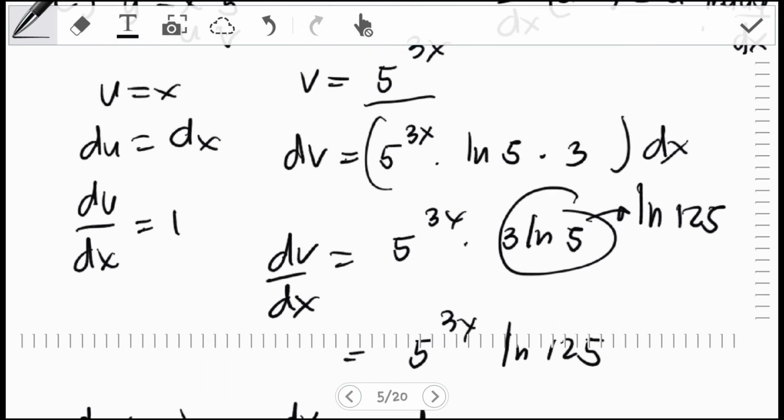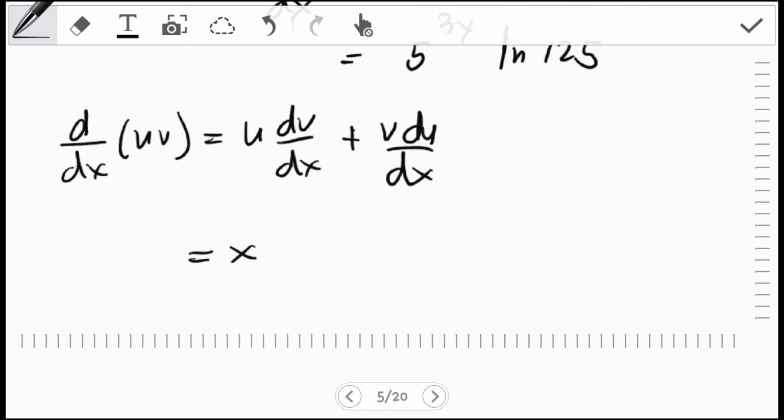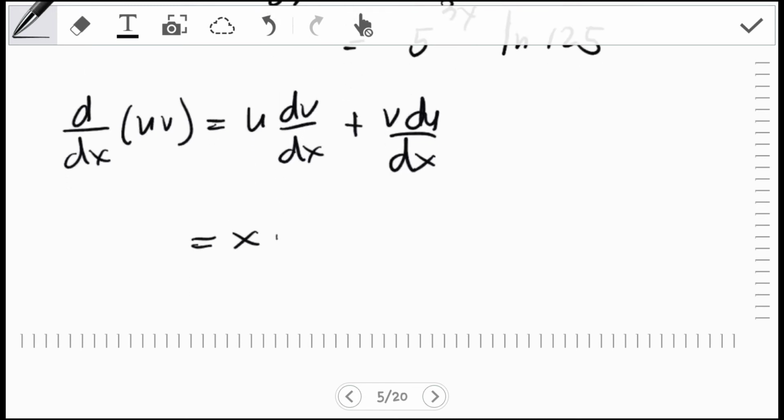So where u is x, then dv over dx is 5 to the power 3x ln 125, plus where v is 5 to the power 3x, then du over dx is 1, times 1.